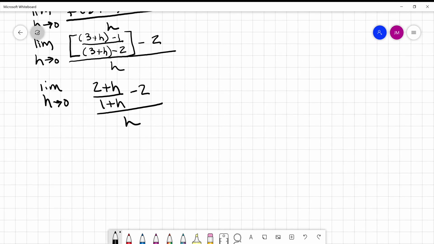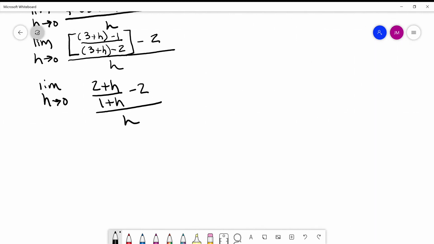So you have two choices at this point of how you simplify this expression. You can combine the two expressions in the numerator if you want, and then divide your top fraction by the bottom fraction by multiplying by the reciprocal. I choose instead to multiply the numerator and the denominator by the least common denominator of all my little fractions.